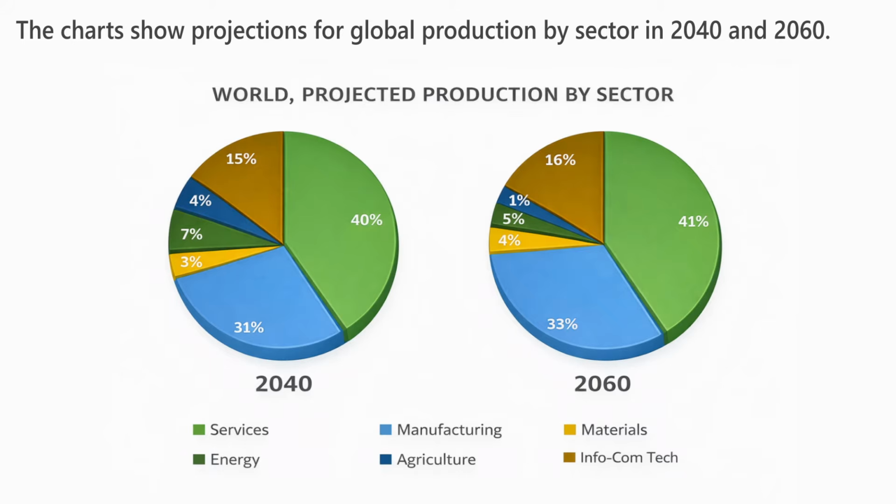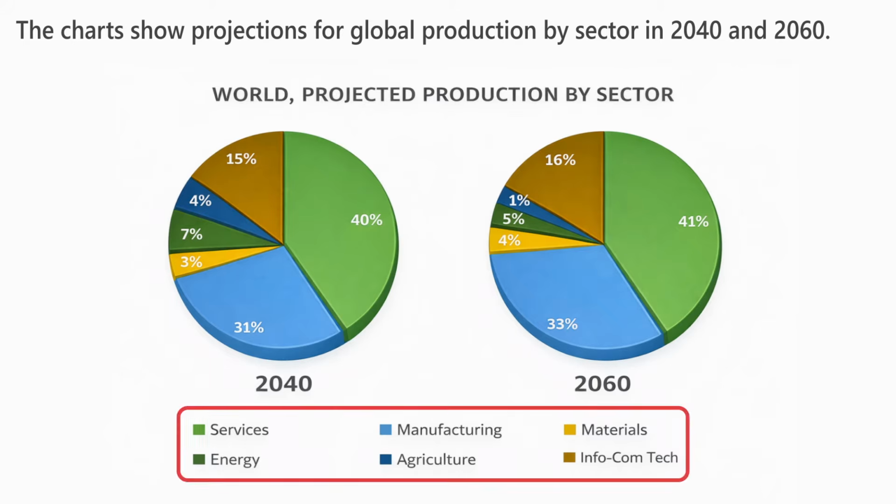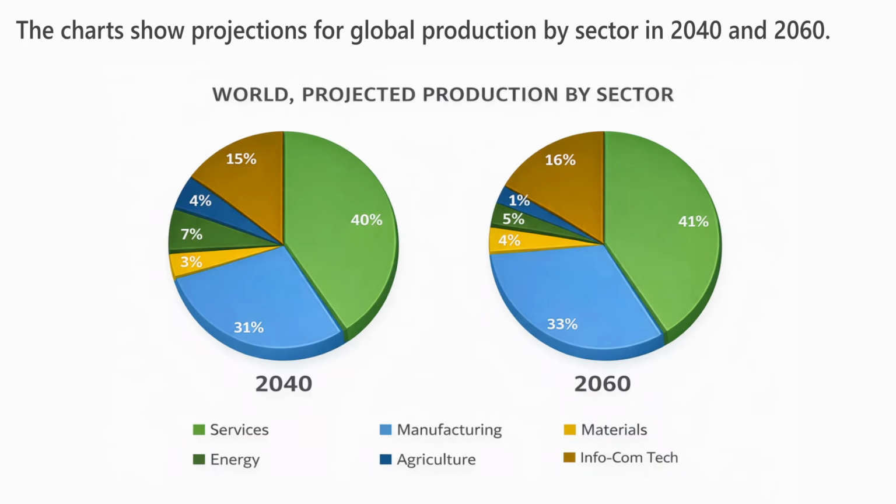First of all, let's take a look at the different sectors here. There are 6 sectors: services, manufacturing, materials, energy, agriculture, and infocom tech. What is actually interesting about these 2 pie charts is that each of these categories maintains its percentage over the 20-year period.